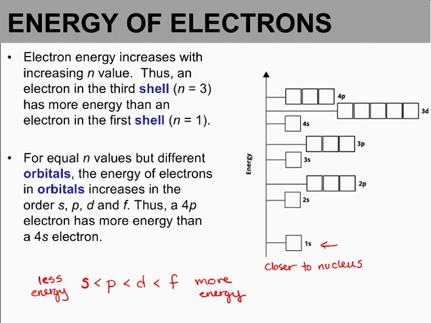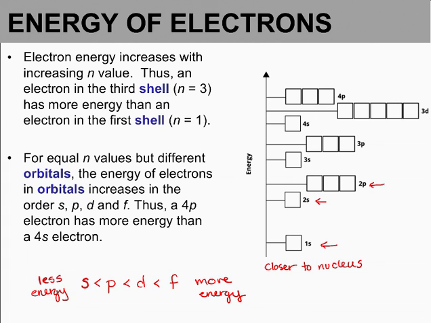Then the next orbital is the 2s orbital, and then within that same energy level, we have a 2p orbital, or 2p subshell. So that's going to be a little higher in energy than a 2s orbital, because s orbitals are lower in energy than p orbitals.